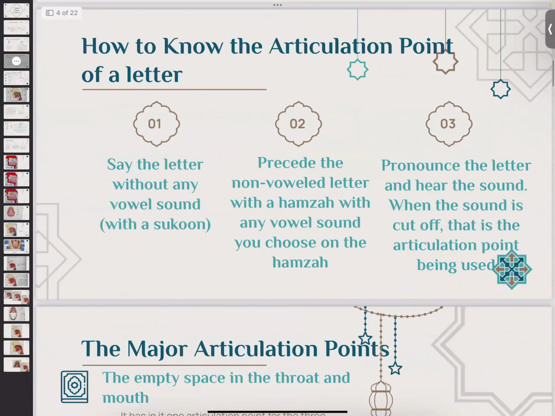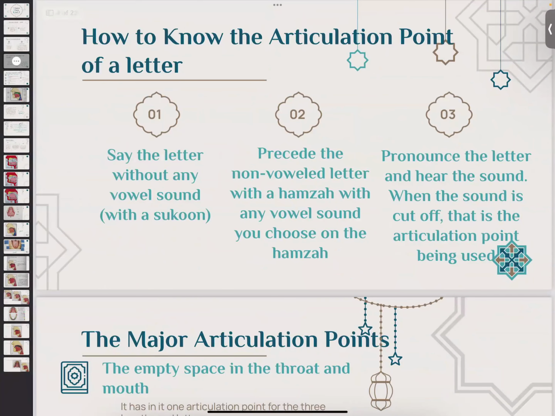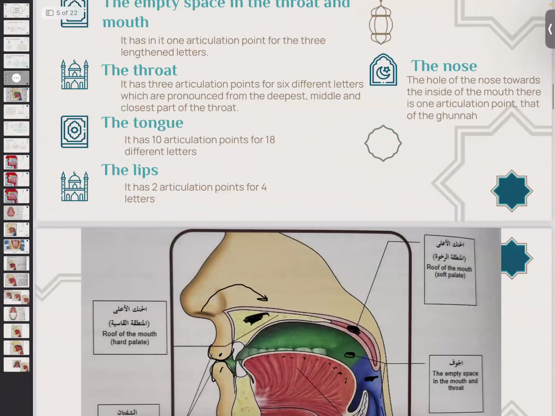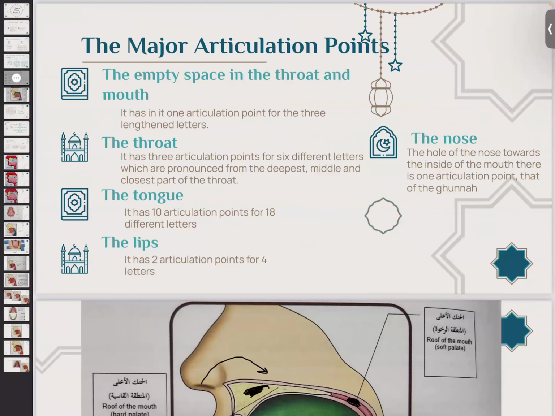And then we spoke about the major articulation points. The first, we spoke about jawf, which is the empty space in the throat and mouth, where we pronounce the mid letters. And these mid letters, we have 3: alif sakina preceded by fatha, and ya sakina preceded by kasra, and waw sakin preceded by dhamma.